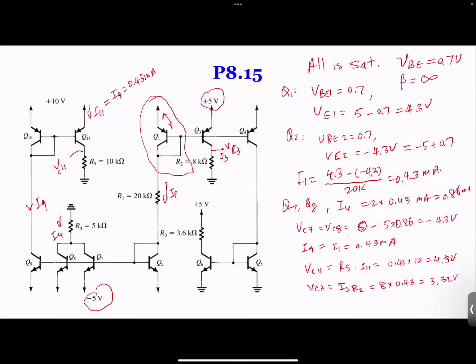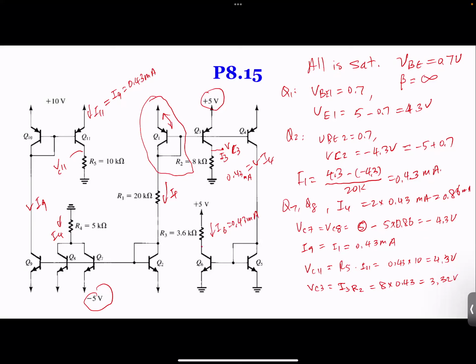And for Q4, we got I4. It's going to be the same as 0.43 milliamps. And so I6 is going to be 0.43 milliamps.